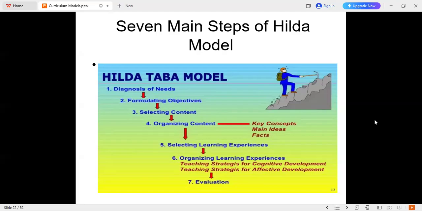Taylor did not say anything about the formulation of curriculum objectives, the basis for designing curriculum objectives. But Hilda Taba starts at the bottom level.